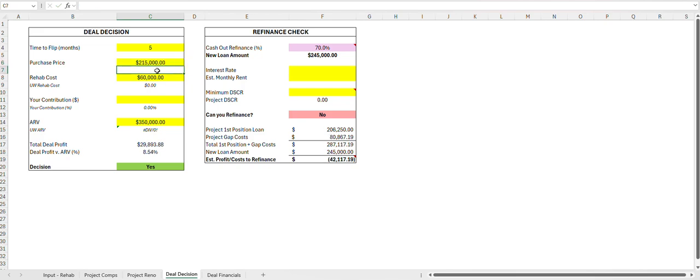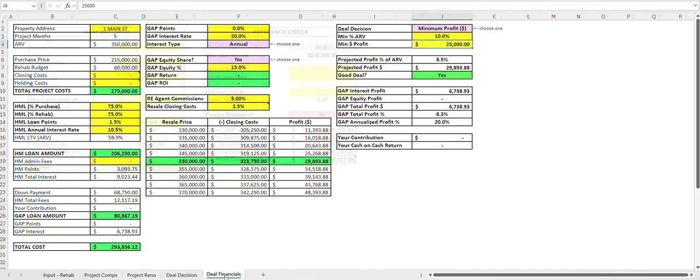We can offer 215. We cannot offer 220. Okay, so 215 is the max allowable offer given the way we've structured this whole sheet so far, where we're giving 20% annualized rate of return on the debt, where we need to make a minimum profit of $25,000, understanding the leverage we're getting in the first position.